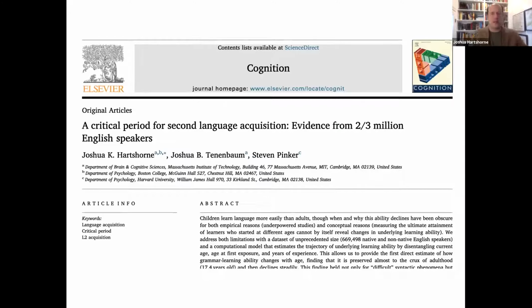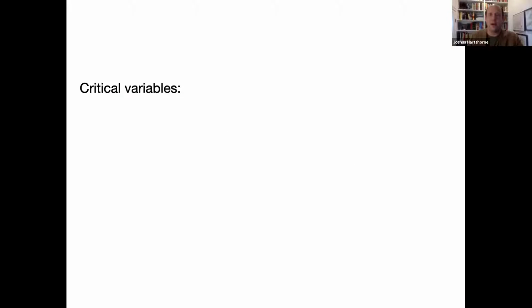So here's another study that goes into more detail. I published it a couple of years ago, on critical periods in language. Critical periods in language are incredibly hard to study because the variables that you care about are the current age of somebody, the age at which they started learning the language, and their years of experience.